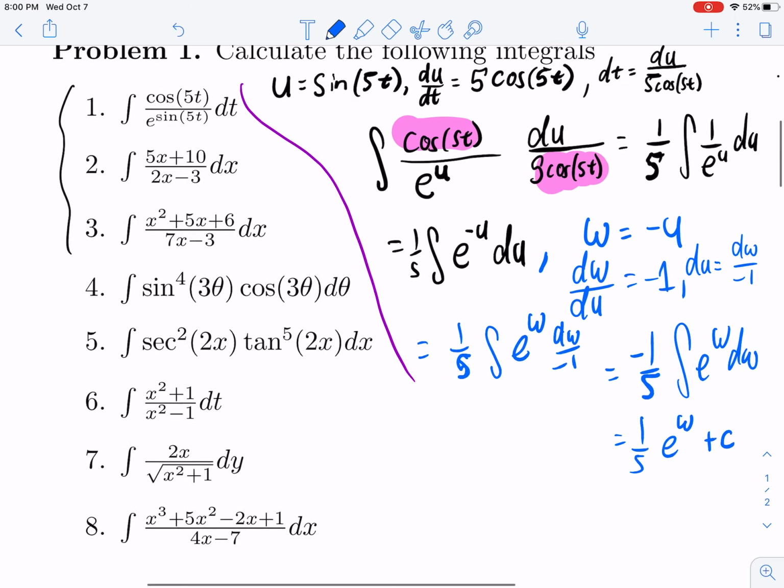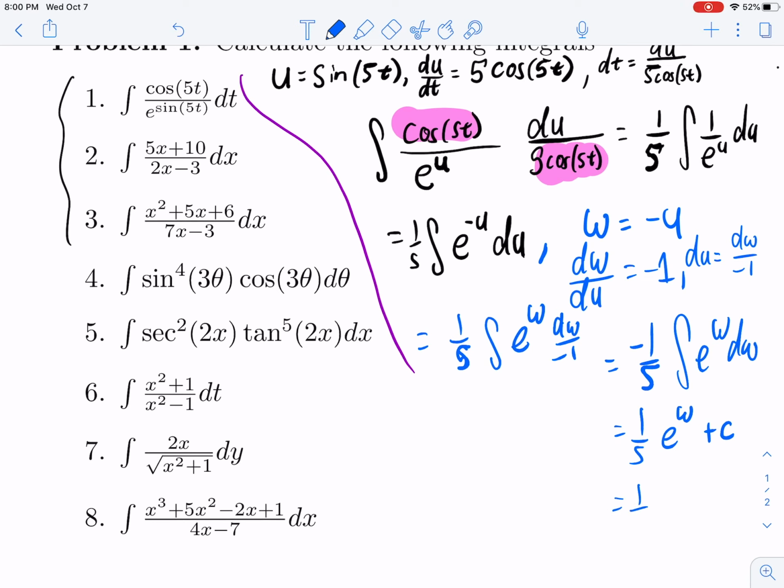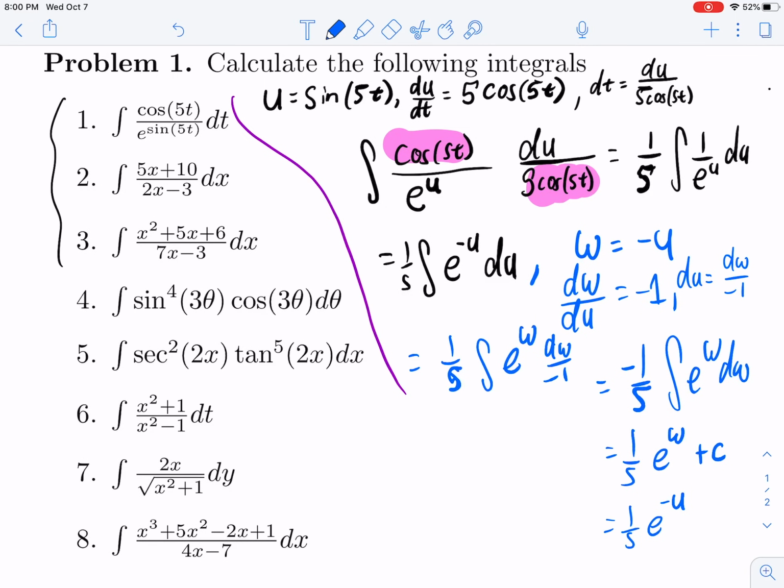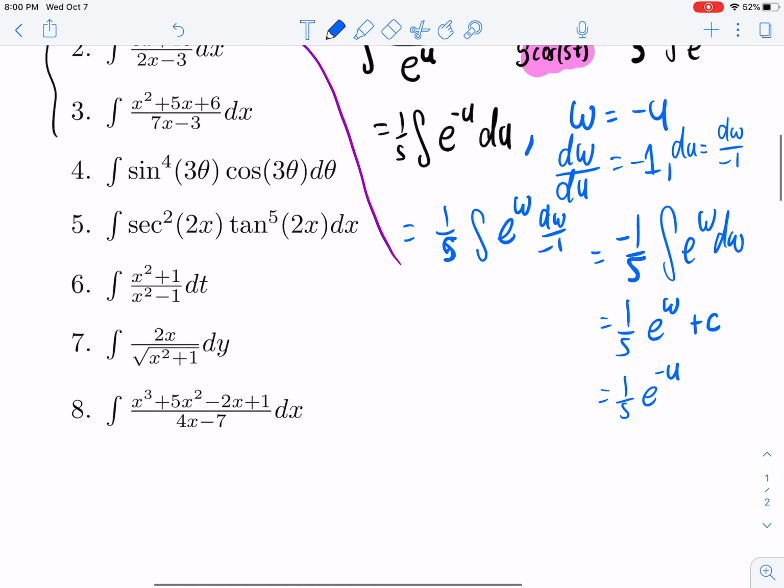W is minus u, so we substitute that back in, and u is sine of 5t. So this is -1/5 e to the negative sine of 5t.